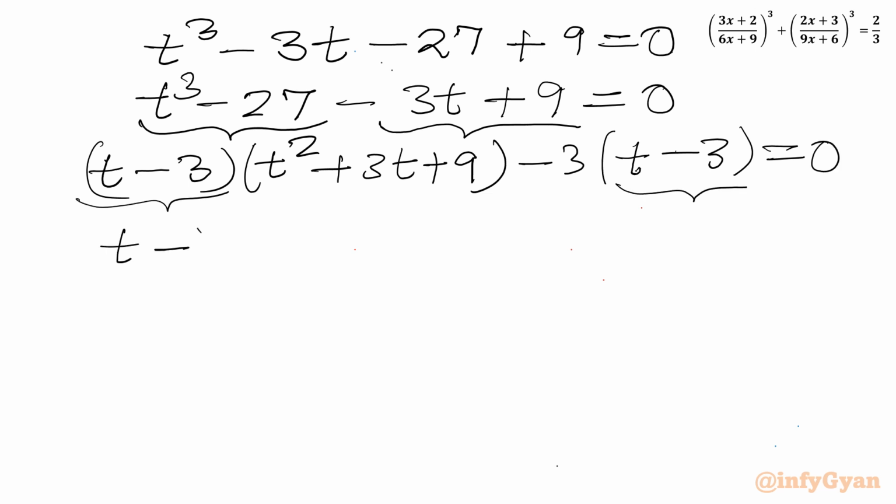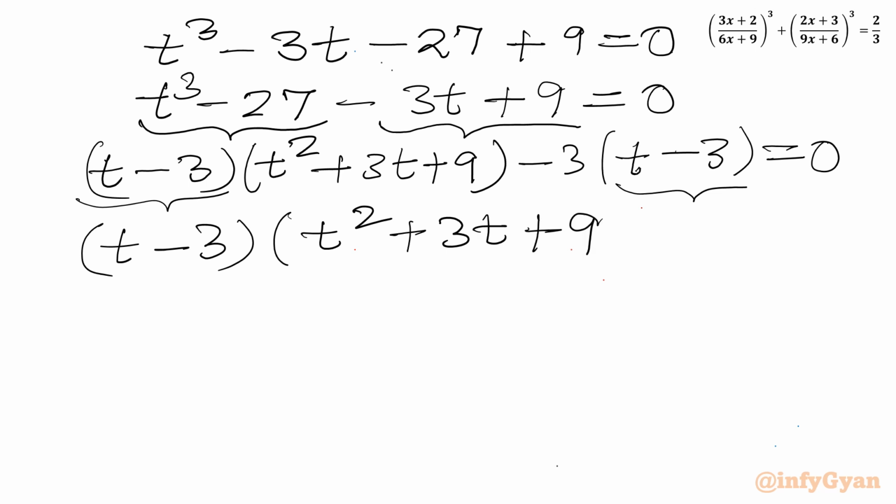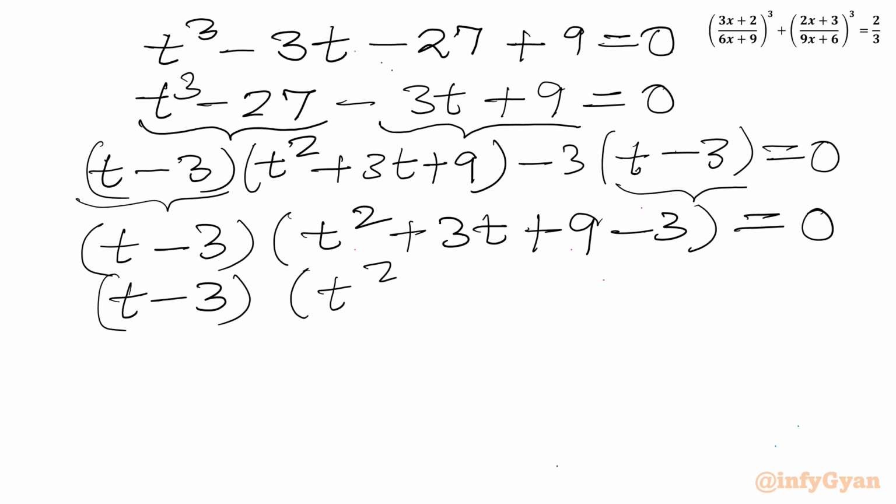Now t minus 3, let us take common. So in the other bracket we can write t square plus 3t plus 9, it will be with minus 3. So t minus 3 times t square plus 3t plus 6 equal to 0.